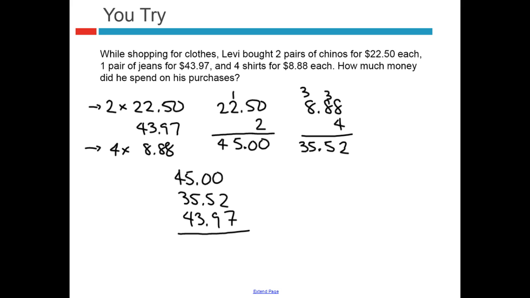I needed to multiply the $22.50 by 2 to get the $45. Then I took the $8.88 times 4 to get the $35.52. And I need to then add that $43.97. So when I add these, I get $124.49.